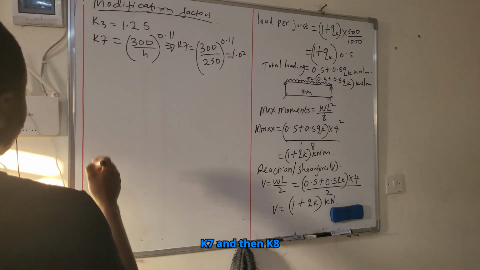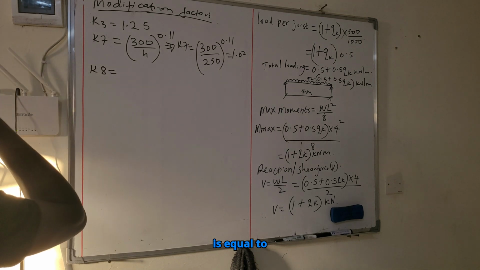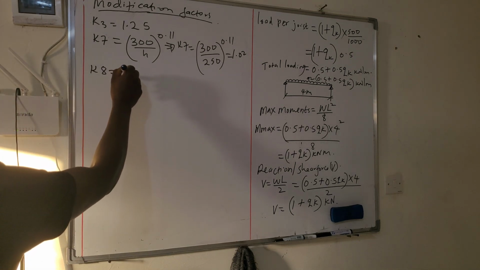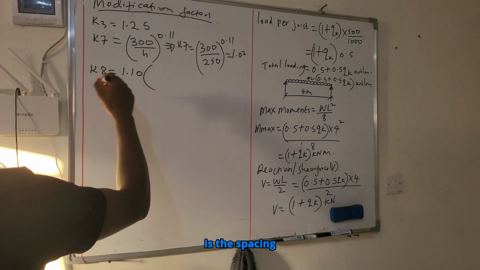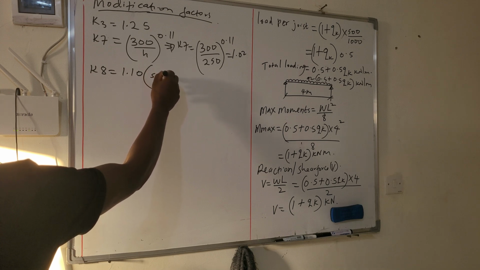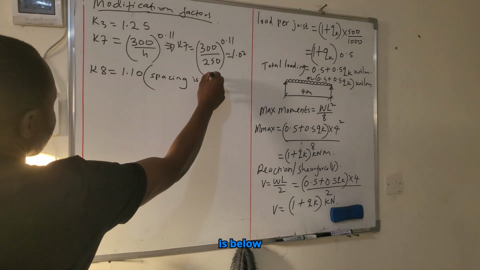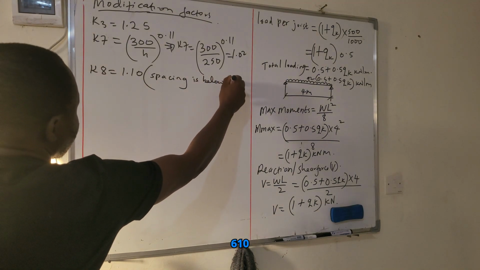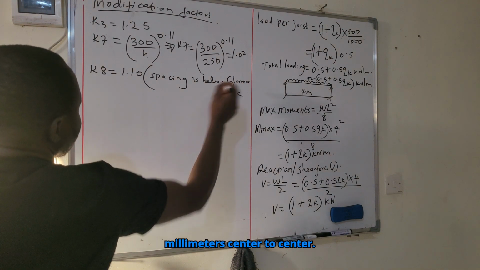And then K8 is equal to 1.10. The reason is the spacing is below 610 millimeters center to center.